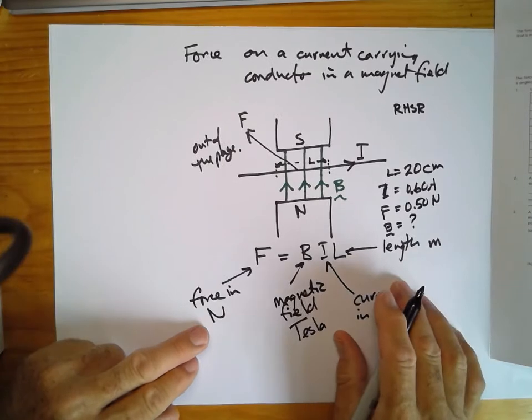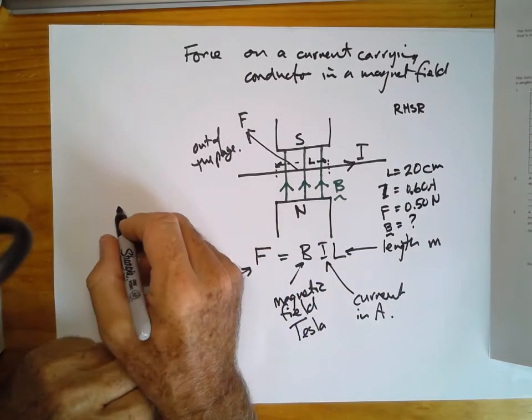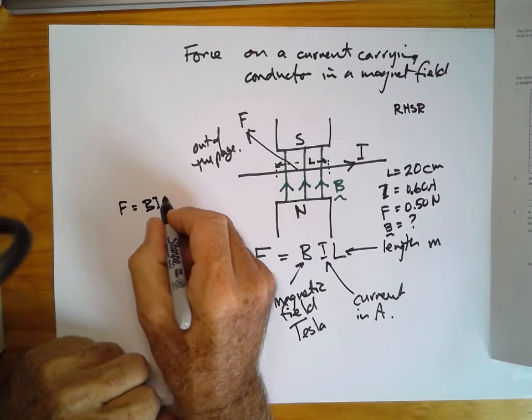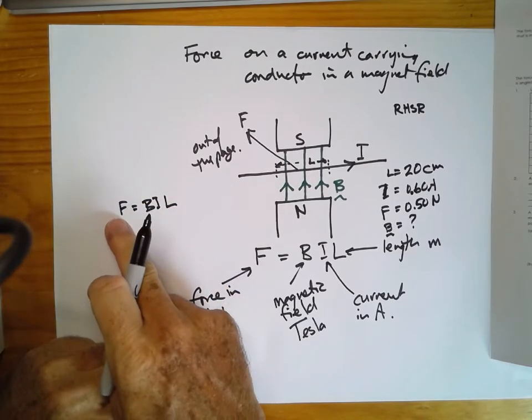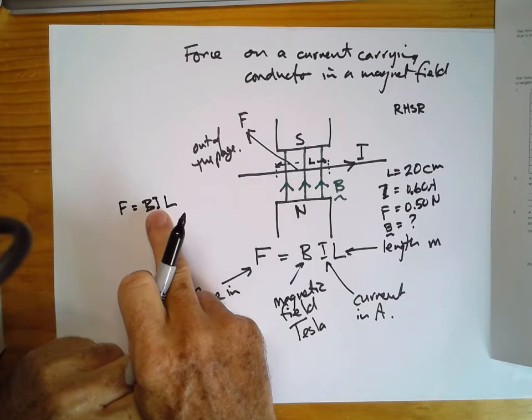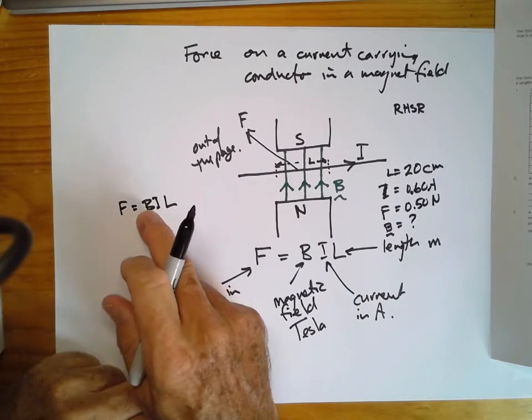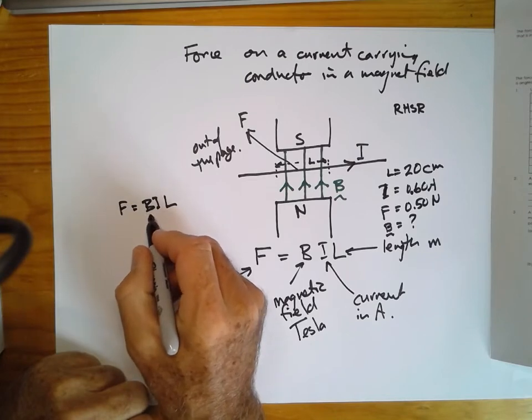Let's come over here. Here's our equation. F equals BIL. We're given the force, the current, and the length, and we're to calculate the magnetic field strength. So let's rearrange this equation.